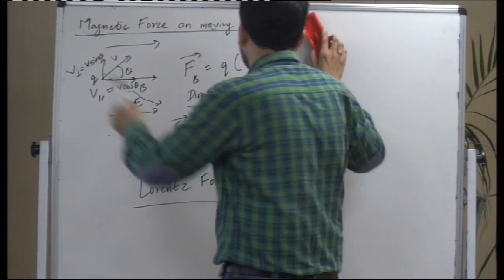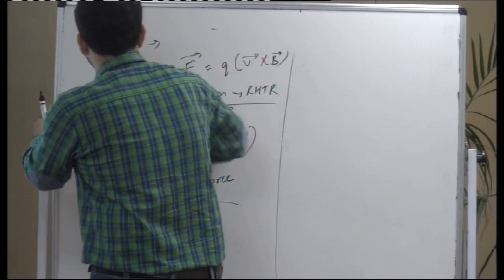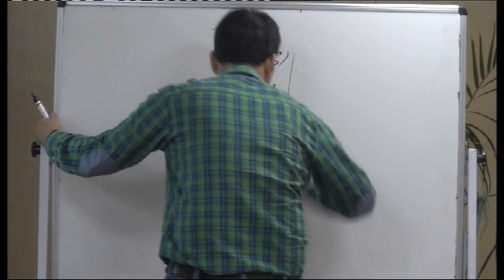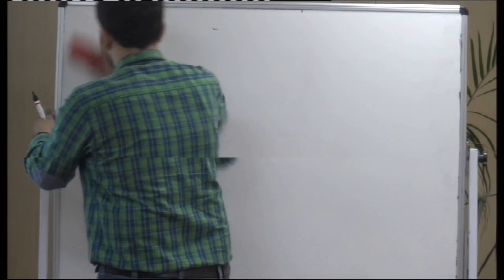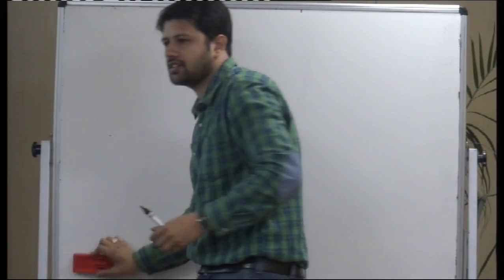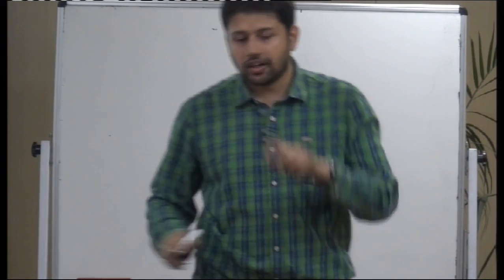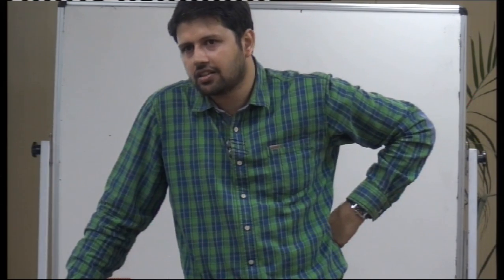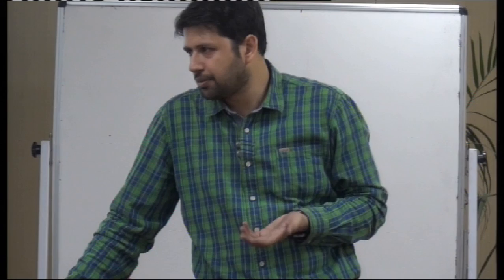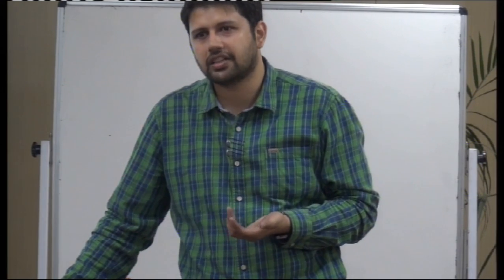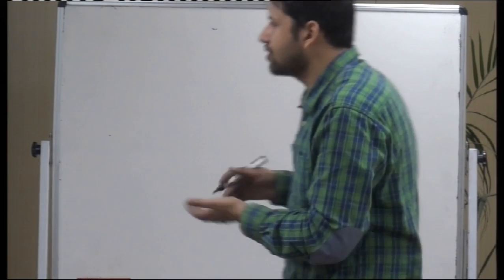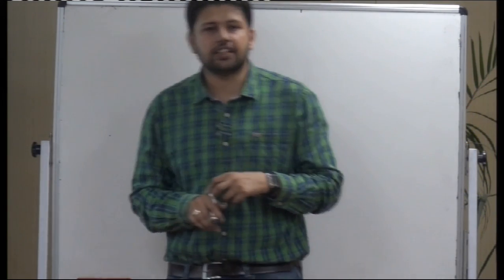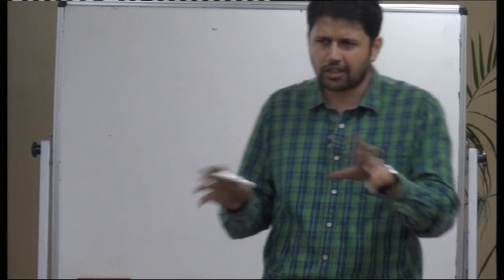Now, the first thing that we would study is the scenario in which the angle between the velocity and magnetic field is 90 degrees. Afterwards we would study cases in which the angle between magnetic field and velocity is some acute or obtuse angle.